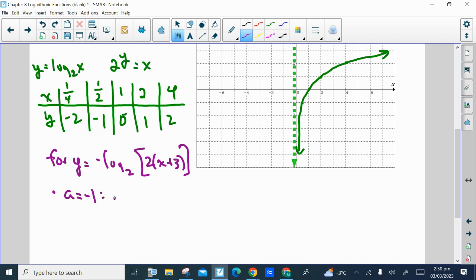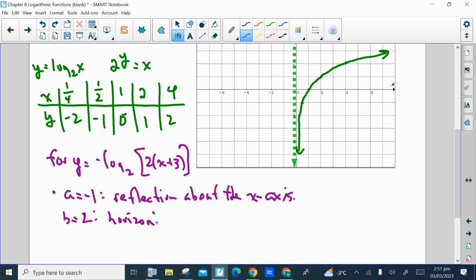A is negative 1, so there is a reflection about the x-axis. The fact that we have a b value of 2 means that there's a horizontal stretch. And you must say what axis it's stretched about. So it's a horizontal stretch about the y-axis.